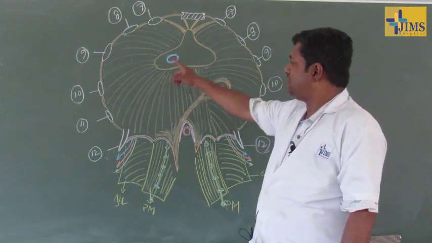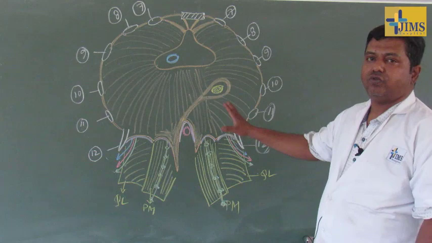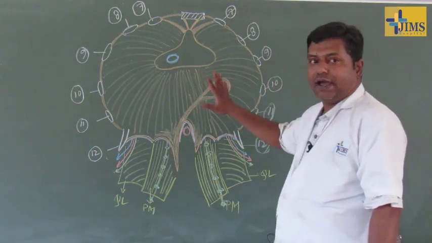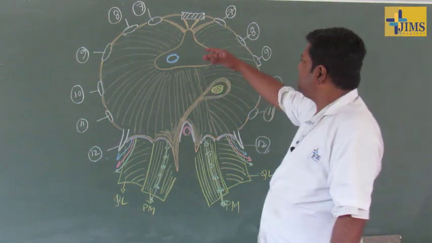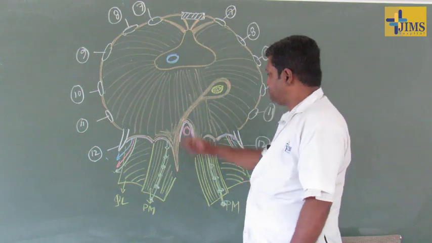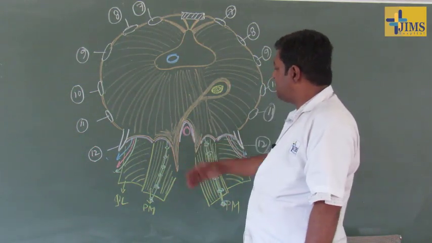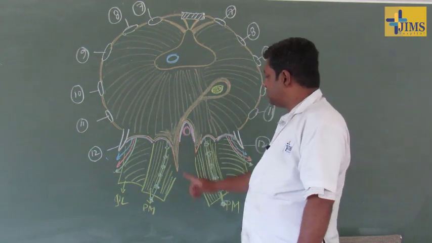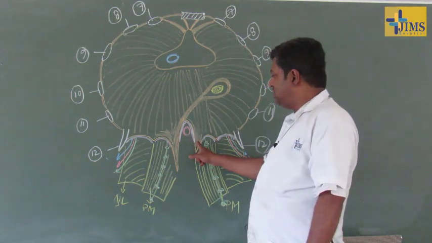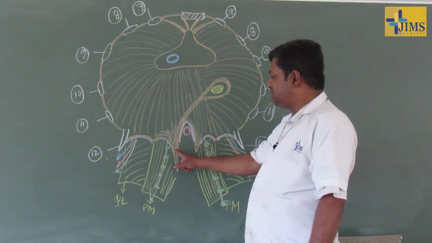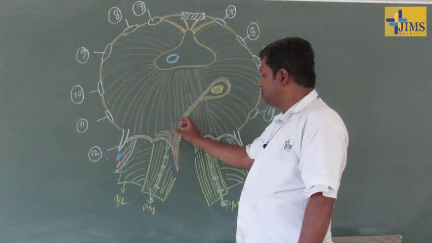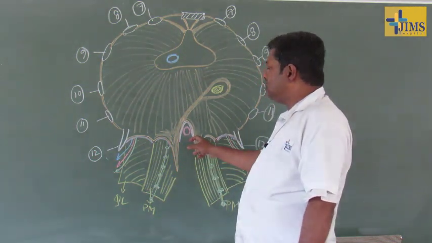You can see here a schematic representation of the diaphragm when you are seeing it from the abdominal cavity. This is the anterior aspect. You can see here the xiphisternum. This is the posterior aspect. Here you can see the two crus. This is the right crus and this one is your left crus. You can already see in the diagram that the right crus is larger, or more fleshy, when compared to the left crus.